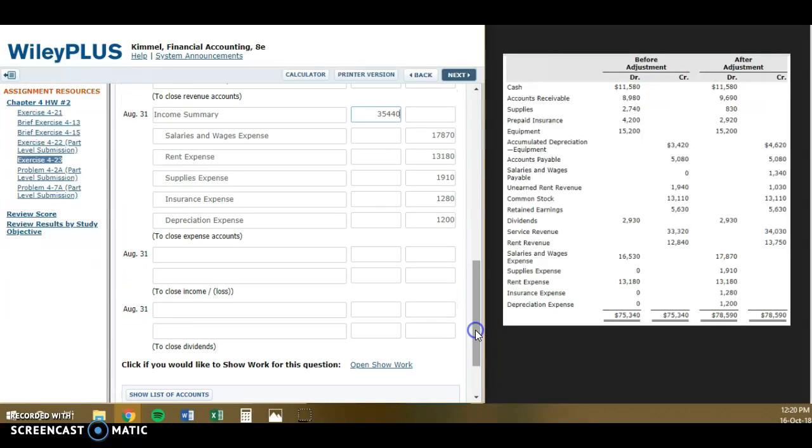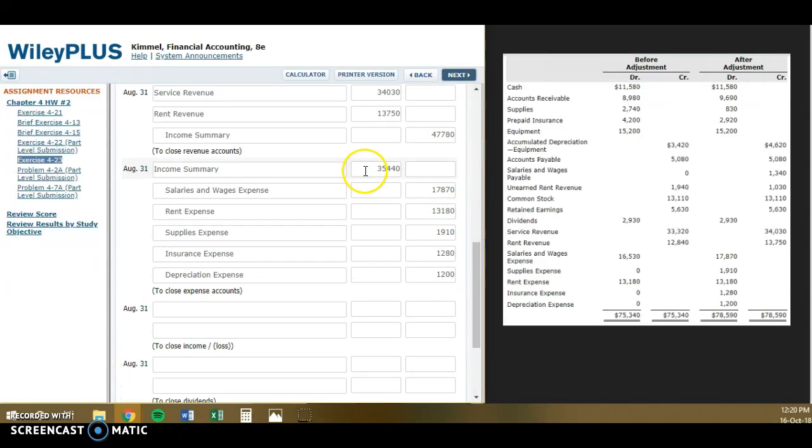Now our next step is to close income/loss. So we're basically closing the income summary account. So in order to do this, we need to know that we debited our income summary for expenses here, and we credited our income summary account for our revenue accounts here.